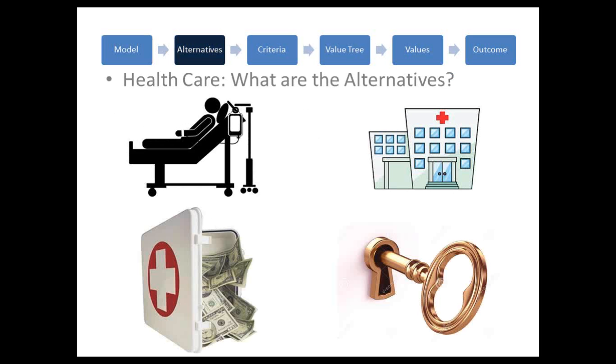Now, when we look at healthcare problems, we discussed that there are multiple models which you can use. And the second, once you have determined the model you're going to use, you need to determine what the alternatives are that you're going to consider. Now, in clinical decision making, this is usually a comparison of different courses of action.